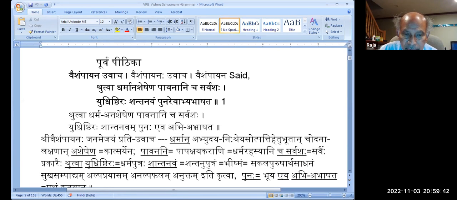There is a punar eva abhibhashata, so there is an ayavasandhi here. Having heard everything without leaving anything, Yudhishthiraha, Shantanavam, this is an object. Yudhishthira asked Shantanu's son again, having heard everything.